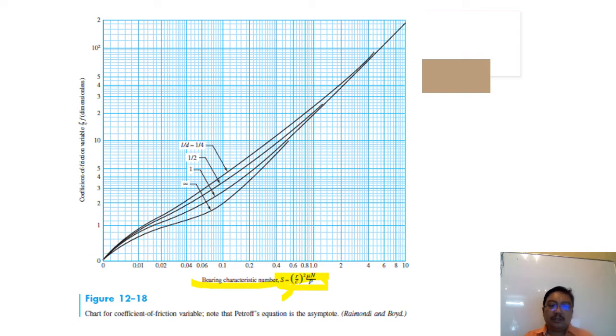You get the value 0.135. It is like this, and then extrapolate until L over D equals 1 here, and then you go here. You get this value for the coefficient of friction. Remember, the coefficient of friction is in the equation r over c times f.